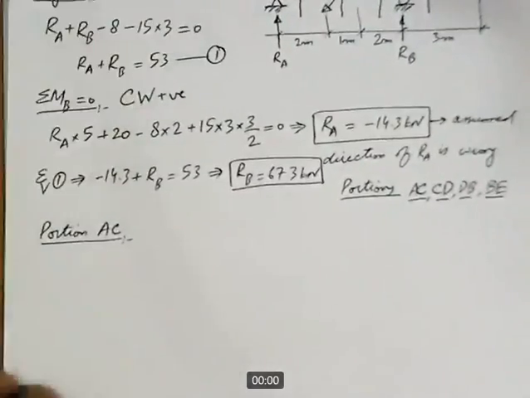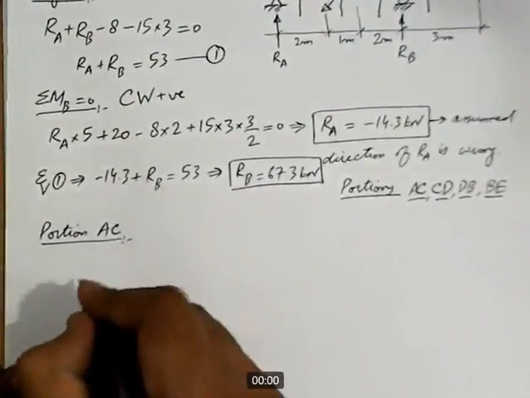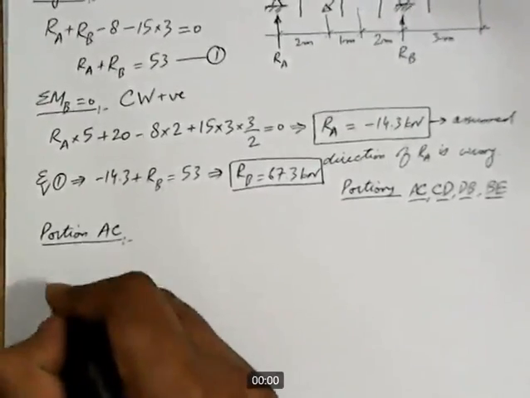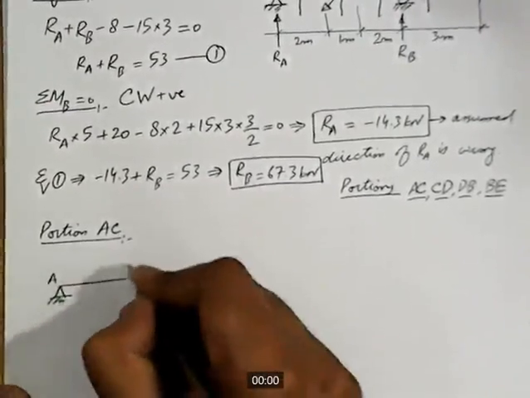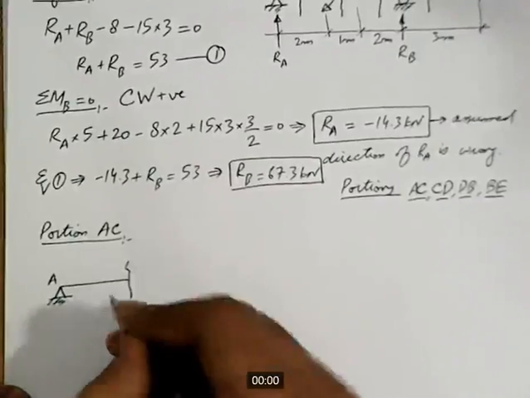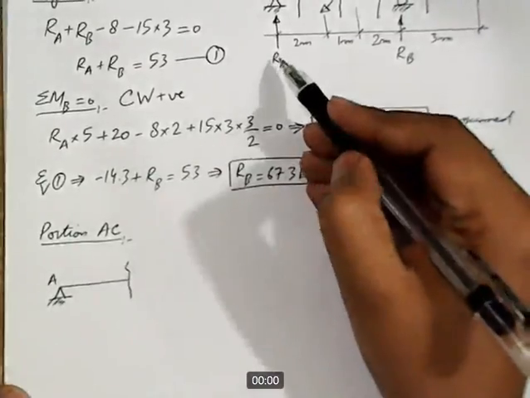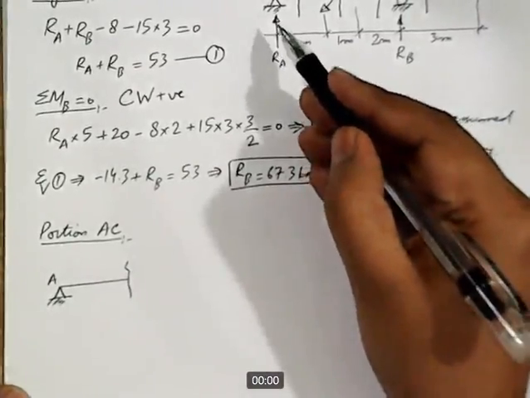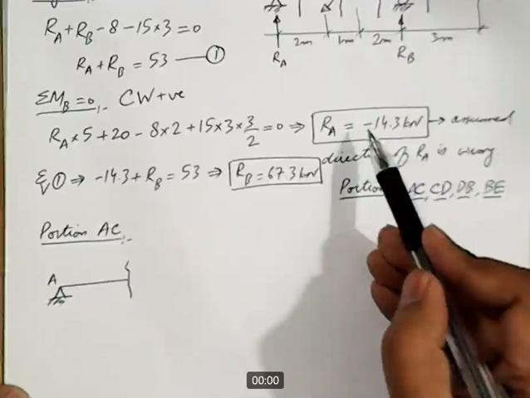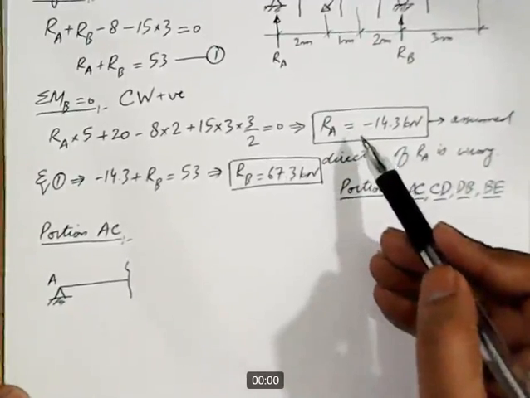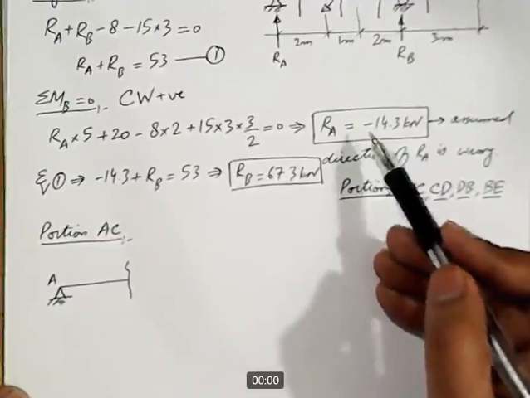Okay, so now let's come to portion AC. In this portion we have a hinge support at point A. Here is the section. Reaction RA, as we have already seen, initially we assumed it to be in upward direction, but the answer came out to be negative. It means that is incorrect. So for all our further calculations, we will consider RA in the downward direction.